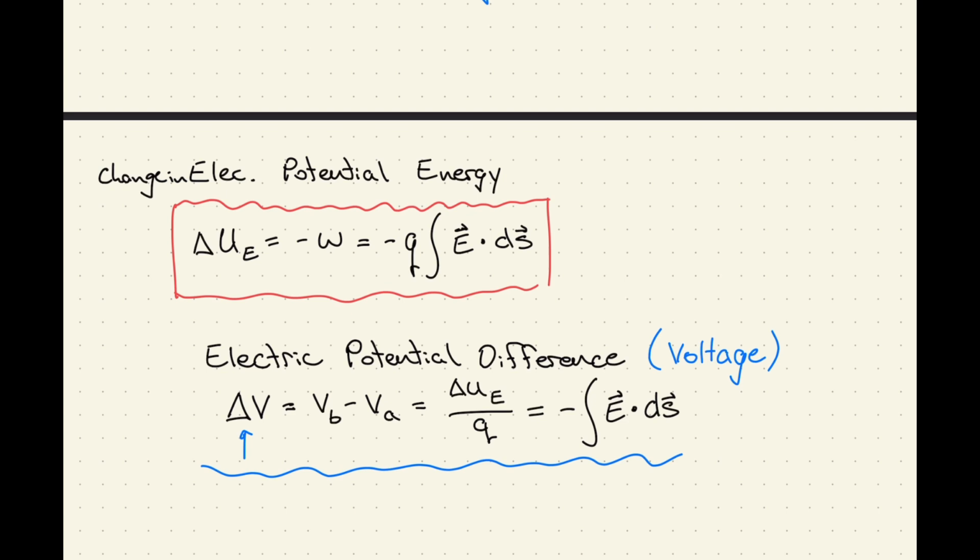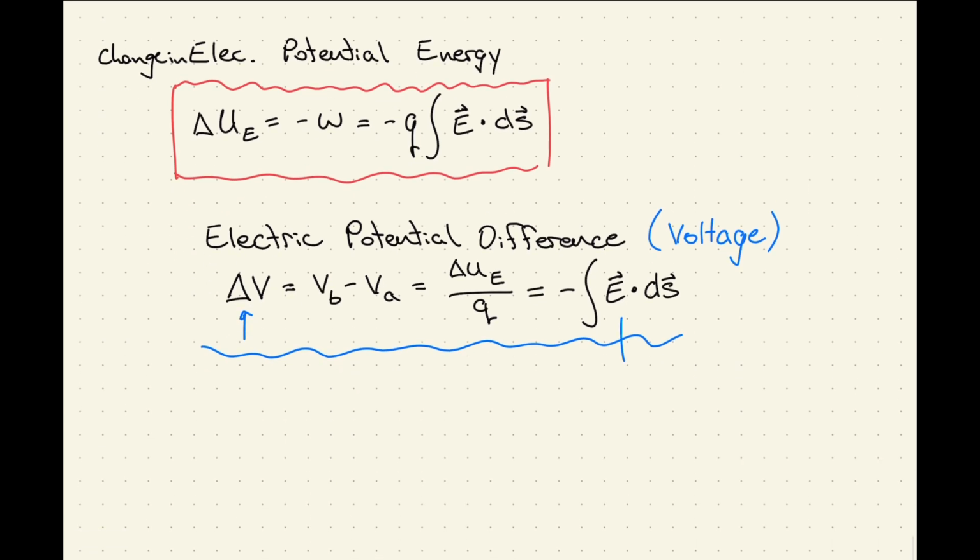All right, so I've just introduced to you some of the theory. What does this actually mean? Well, you can think about it as the energy it takes to move a charge Q through some kind of electric field. It's related to the work, it's related to the electric field, it's related to the distance traveled and the direction traveled. But basically you can calculate it from this equation here.